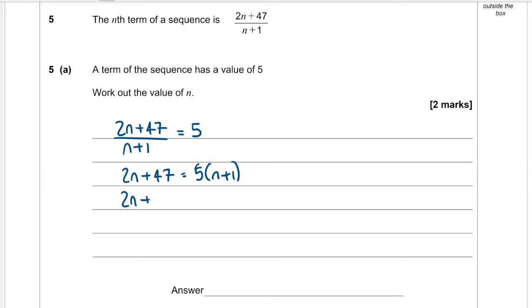I'm going to expand these brackets to get 5n plus 5. Subtract 2n from both sides. Subtract 5 from both sides. And finally divide through by 3, and I get that n is equal to 14.